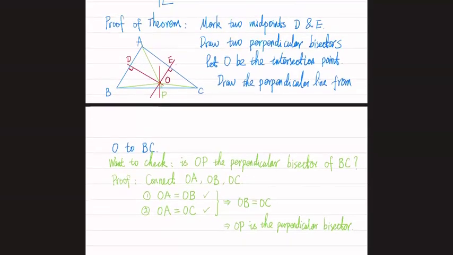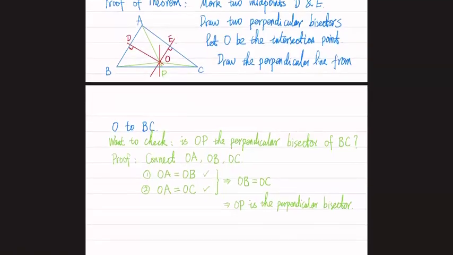We started with two perpendicular bisectors. We draw a perpendicular line from an intersection point. It turns out this line is also a perpendicular bisector. Therefore, the three perpendicular bisectors are concurrent.